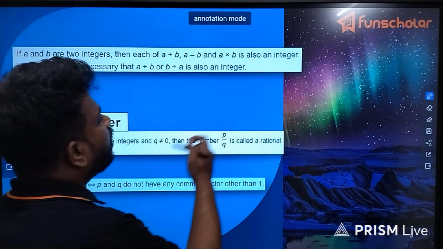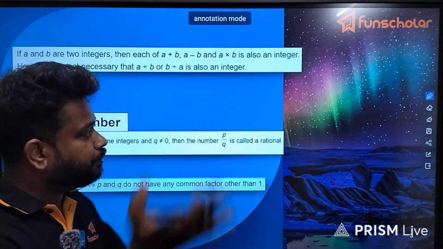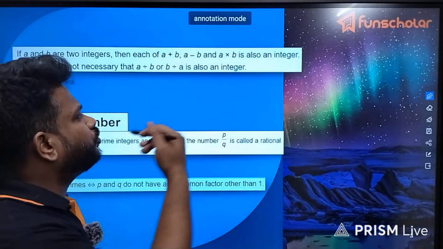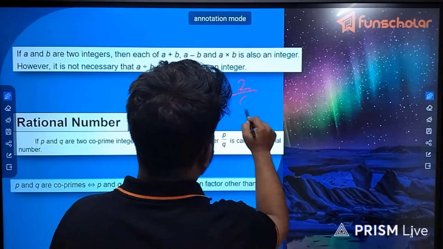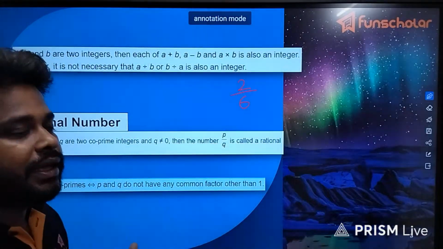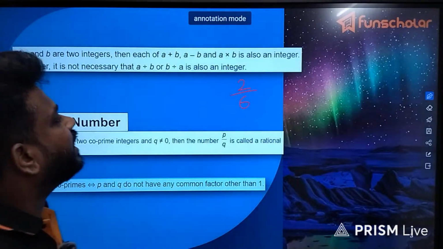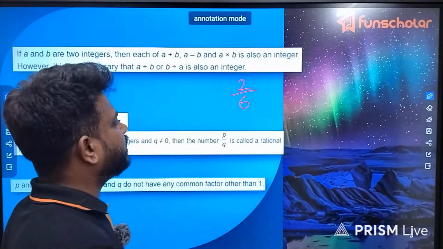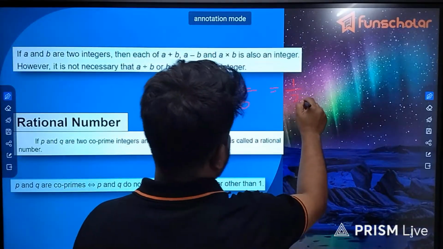Okay, so talking about the co-prime, why do we need co-prime numbers to express the rational numbers? If I write 2/6, you can call this a rational number. But 2/6 has another expression, which will be 1/3.